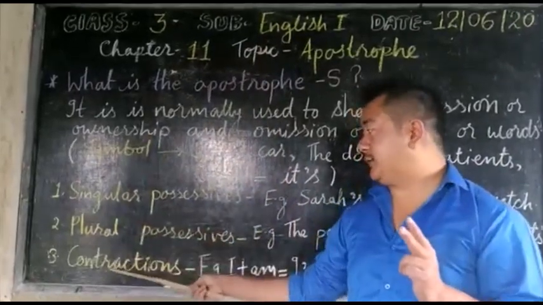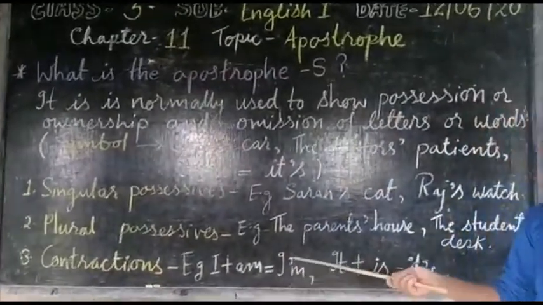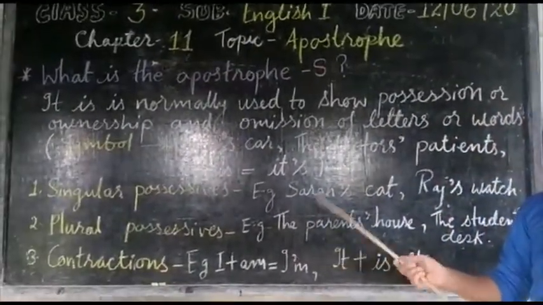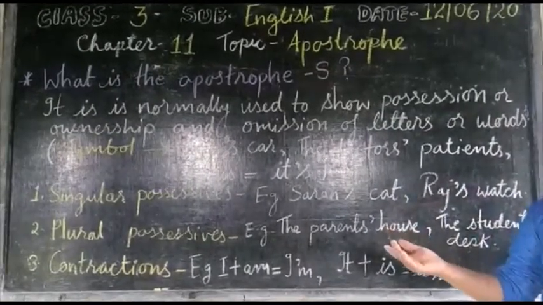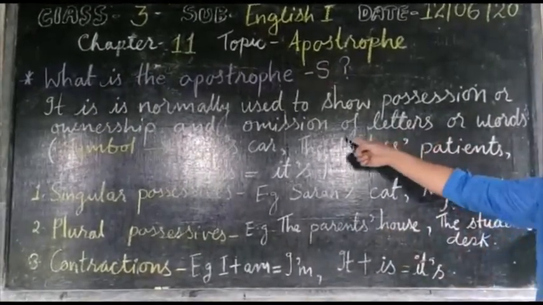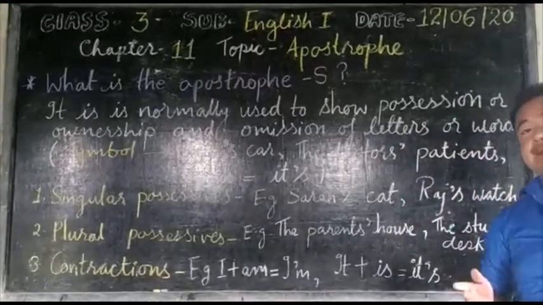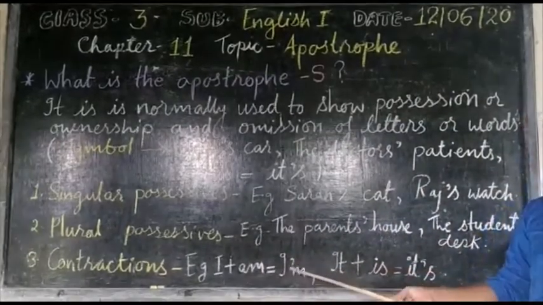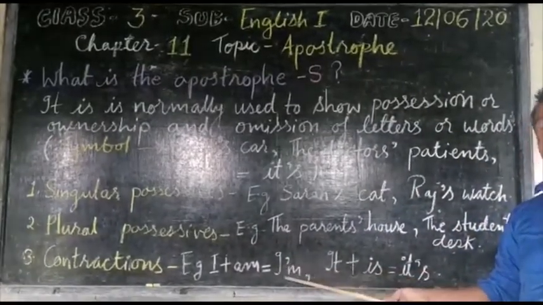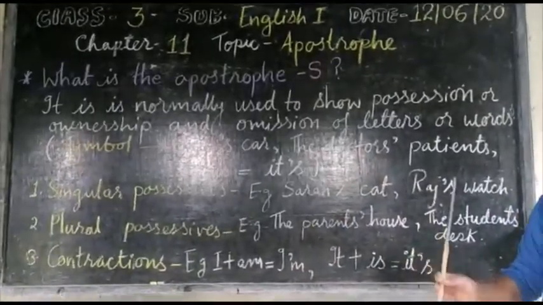Apostrophes are used whenever you remove letters, as we have already said, omission of letters or words. Here, an example where A is missing, so in place of A, the apostrophe is given here.